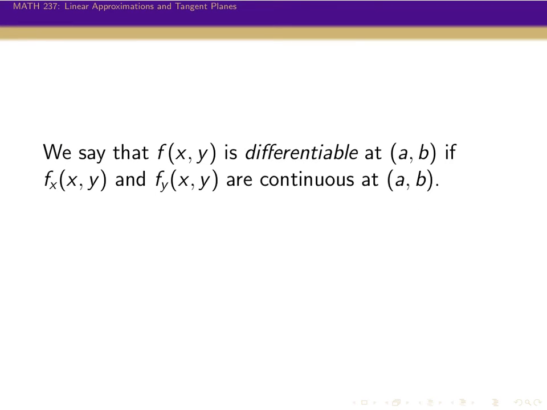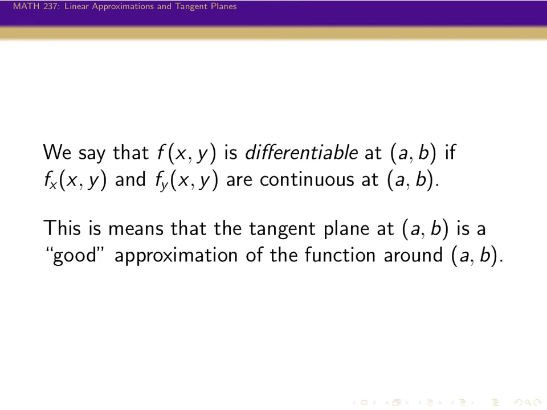Okay. So in general, we say that a multivariable function is going to be differentiable at a point (a, b) on the xy plane if the two partial derivatives at that point are both continuous. If both of the partial derivatives are continuous at that point, what that means basically is that having the partial derivatives exist there allows us to make the tangent plane.